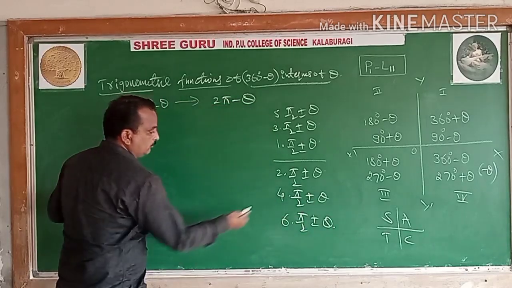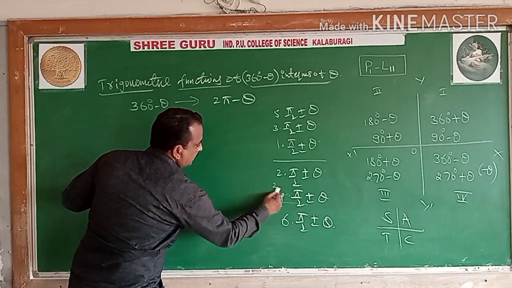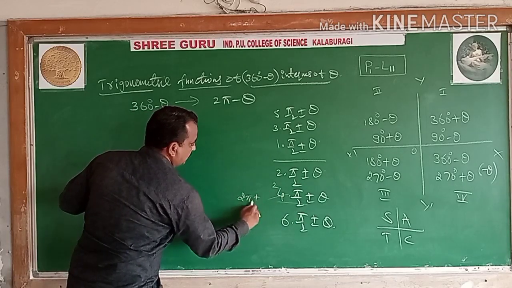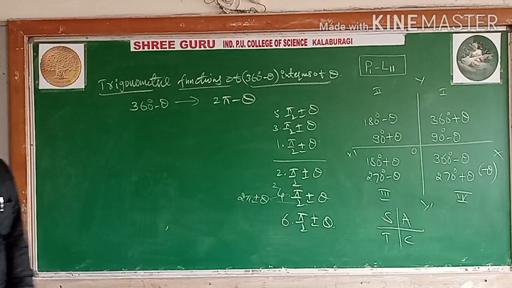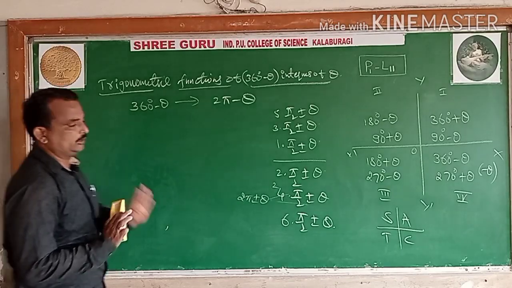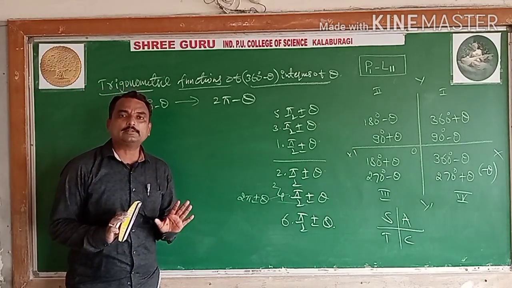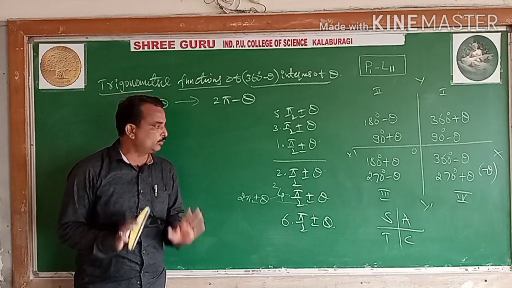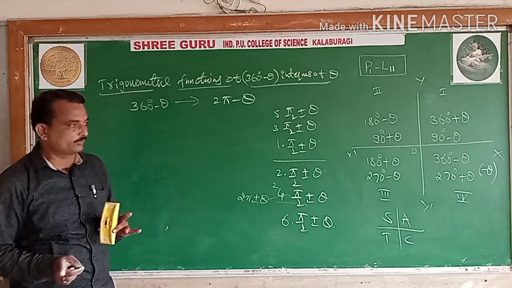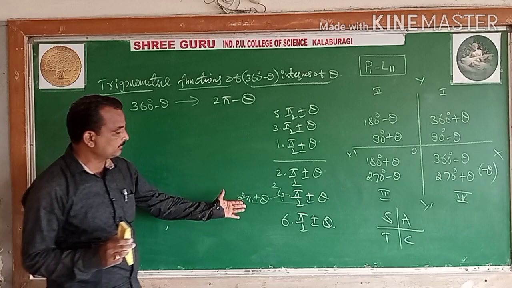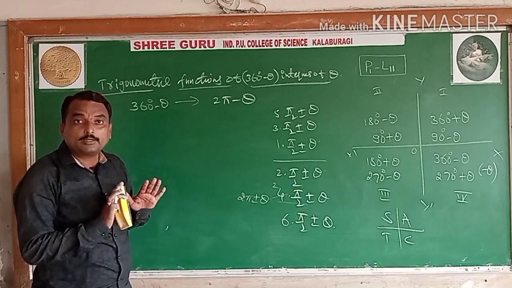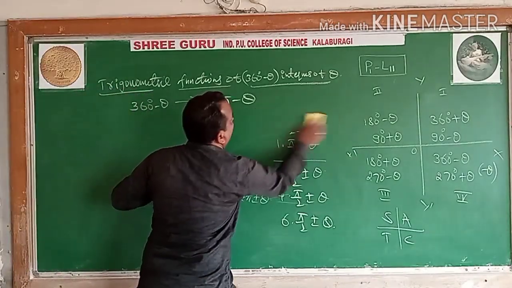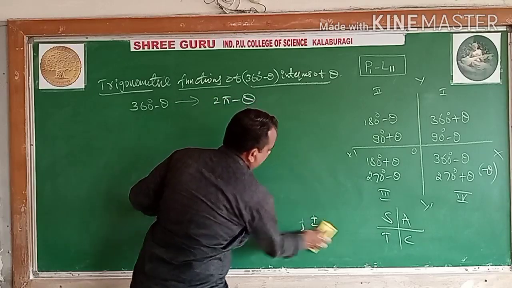If you simplify this, it becomes 2 pi plus or minus theta. So you should remember this: when the angles are odd multiples of pi by 2, the trigonometric functions change. When the angles are even multiples of pi by 2, the trigonometric functions remain the same when converting in terms of theta.